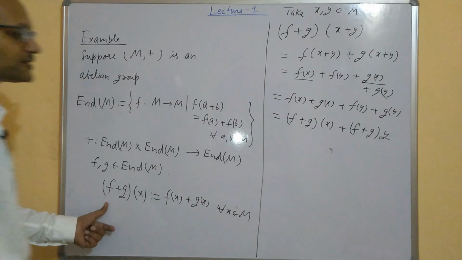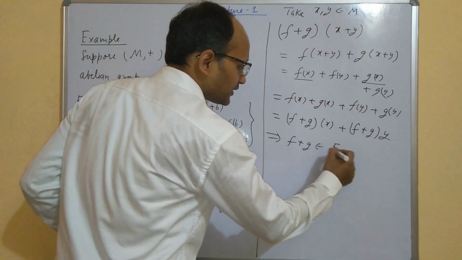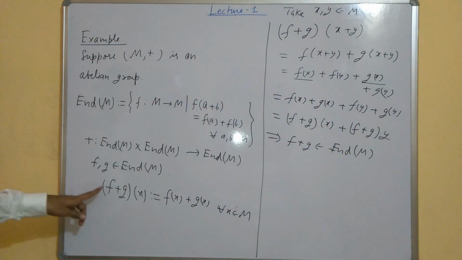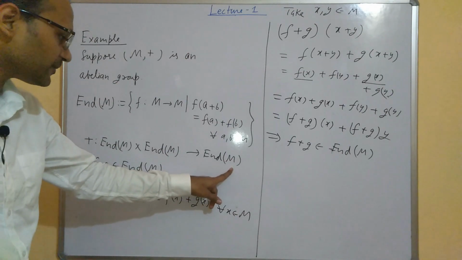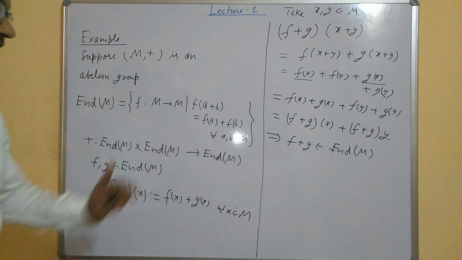So it means f + g is also an endomorphism. So f + g belongs to End M. So we have verified that this plus is a map from End M cross End M to End M.